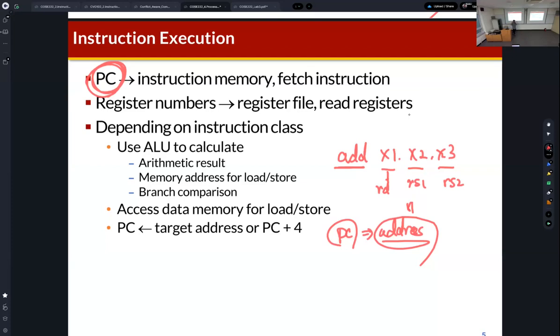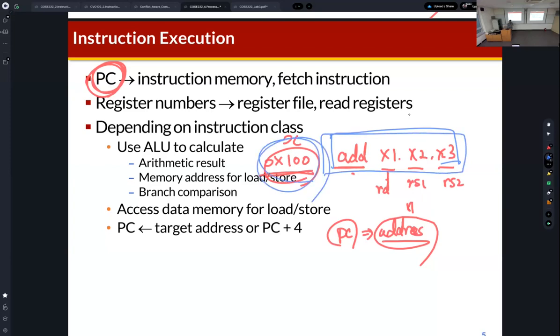So let us assume that the PC of this instruction is 0x100. If we set the PC as 0x100, then the processor automatically reads this instruction from memory using this PC. PC is an address for an instruction.